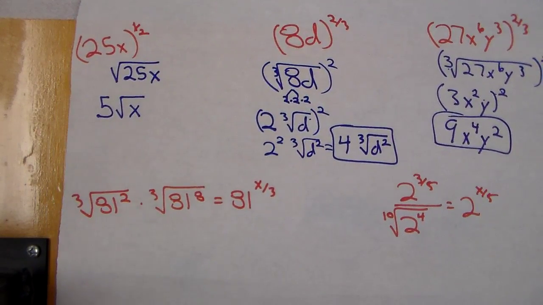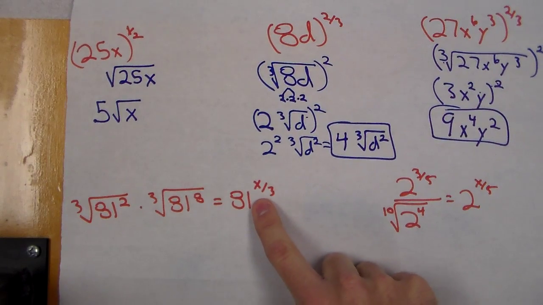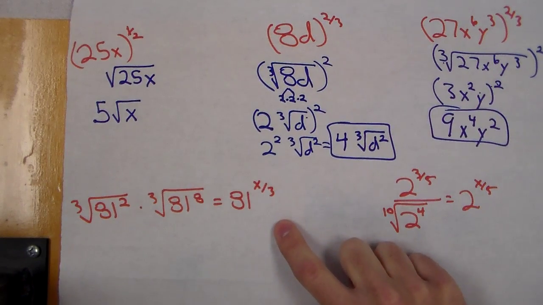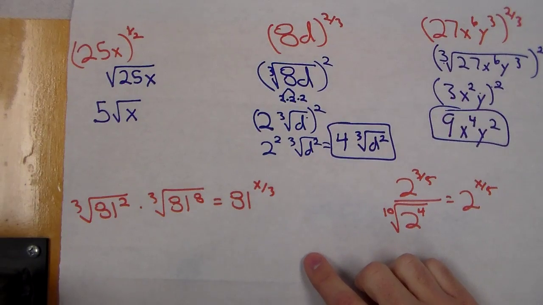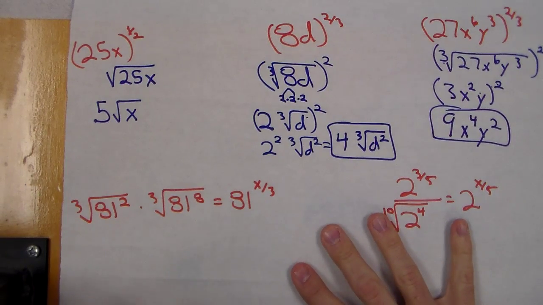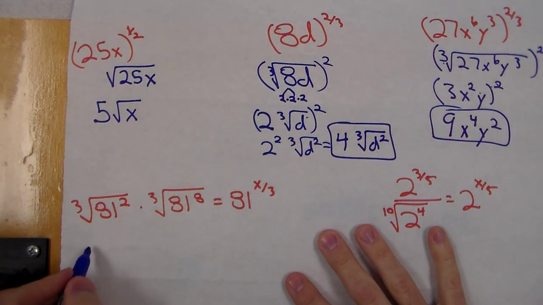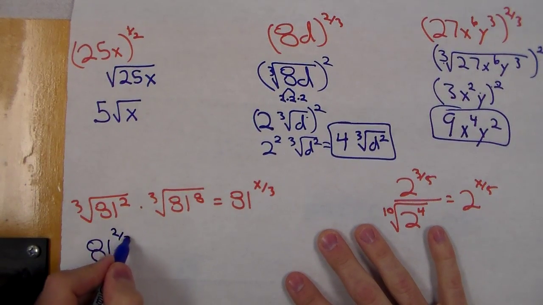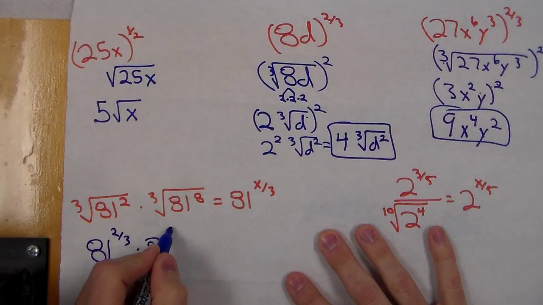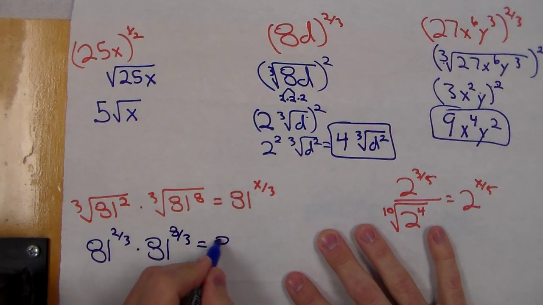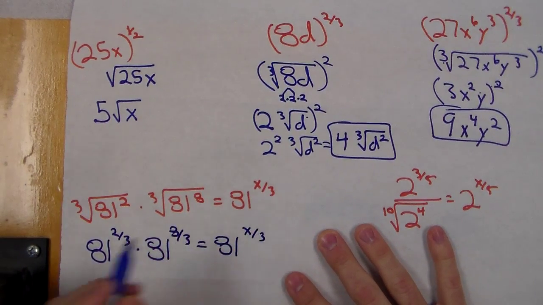Our last set of problems here are kind of solving for a variable in this equation with our exponents. Don't get overwhelmed with simplifying down when we have 81 in these different powers. Let's change them all to radical form, or exponential form. I get 81 to the 2/3 times 81 to the 8/3 equals 81 to the x over 3.